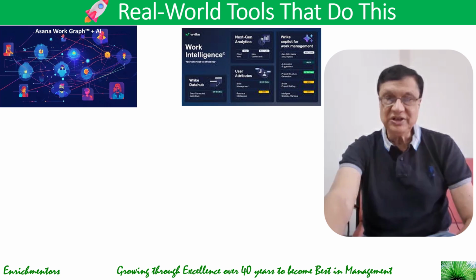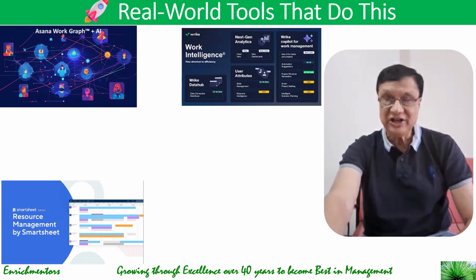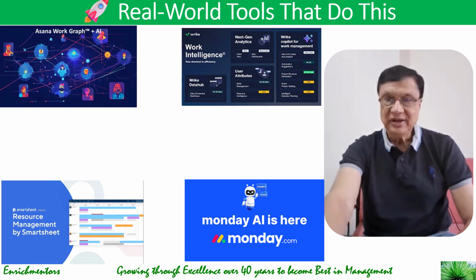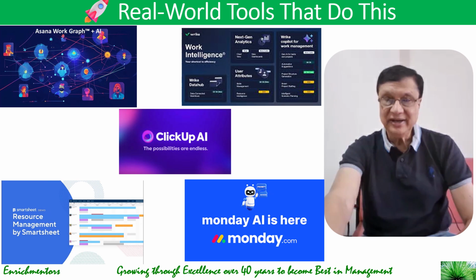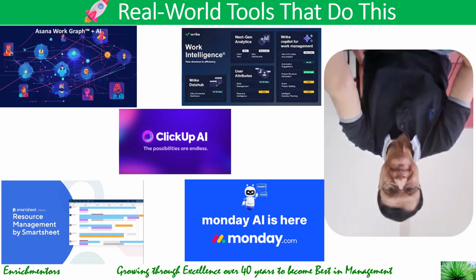The third one is Smartsheet plus resource management, where predictive analytics can be done for team utilization. Then there is Monday.com and its AI Assistant, where you can do task automation and forecasting. And the last one we mentioned here is ClickUp AI, which suggests improving project speed and alignment. So these are some real world tools that can help you achieve excellence in project planning using AI.